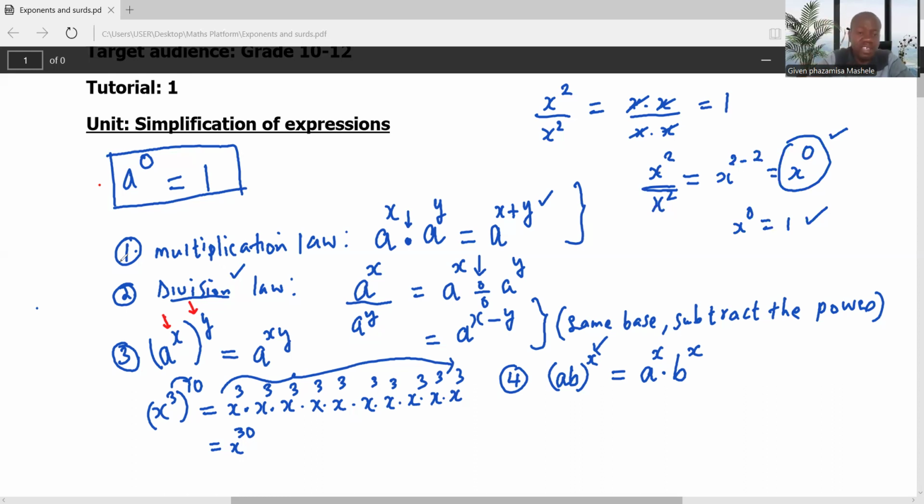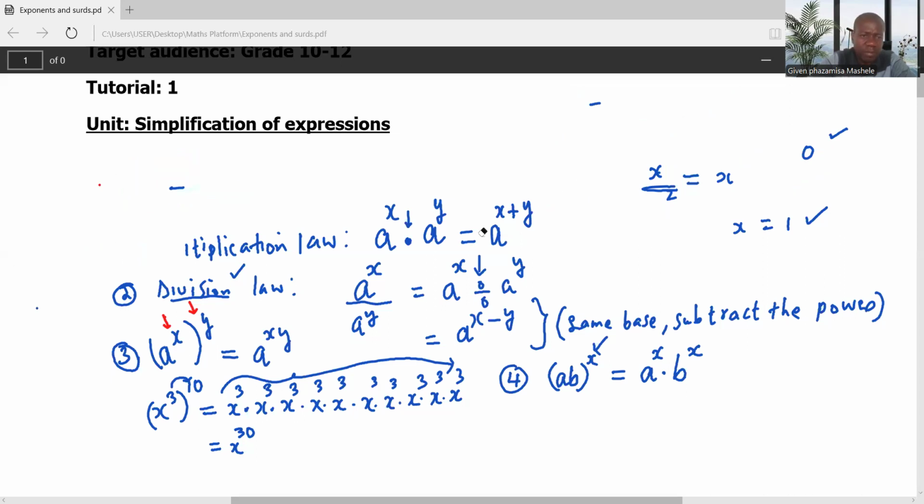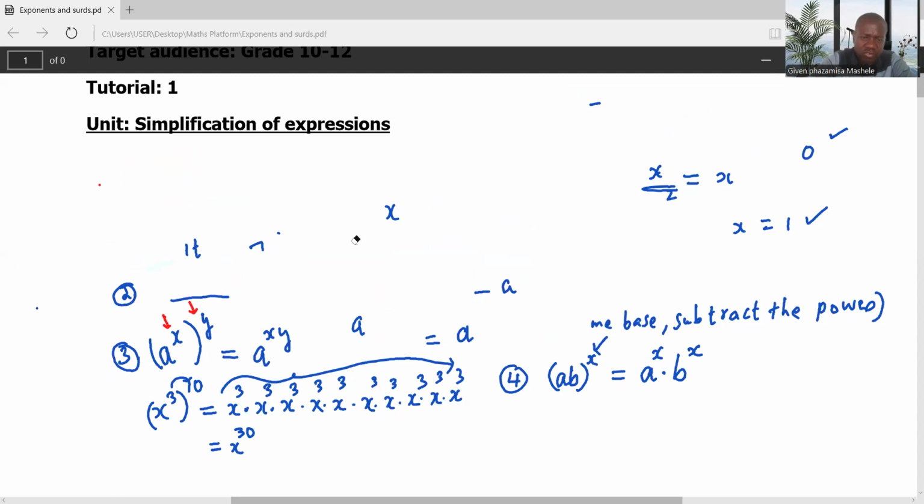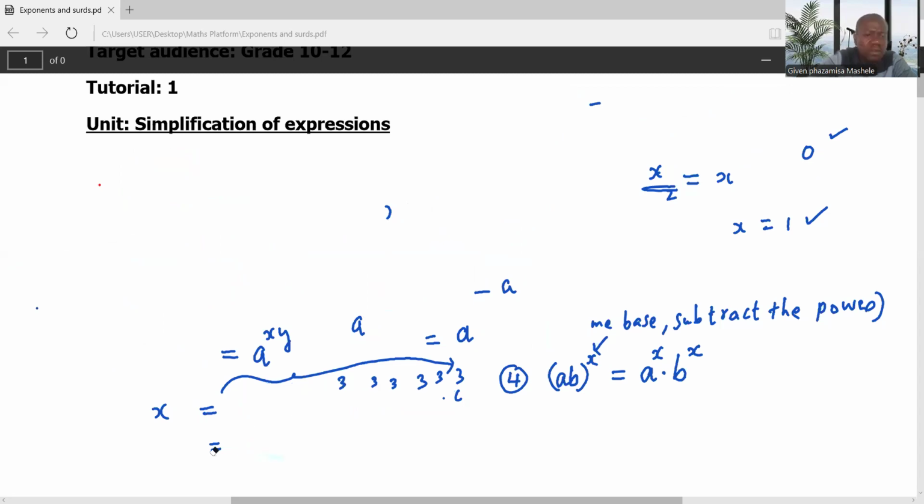And guys, this is very, very important for you to know. So before we go through the questions, let me just summarize what I said, so that you actually know what you are doing. It's very important for you to go through all these laws of exponents.